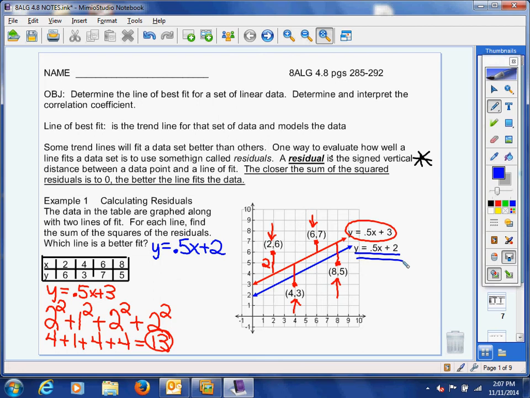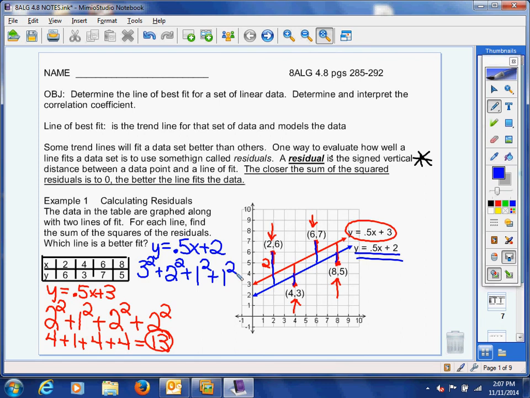I go down 3 units, so that's 3 squared. Now (6, 7): I go down 2 units, so that's 2 squared. Let's go to (4, 3). I'm only 1 unit away. And (8, 5) is only 1 unit away.